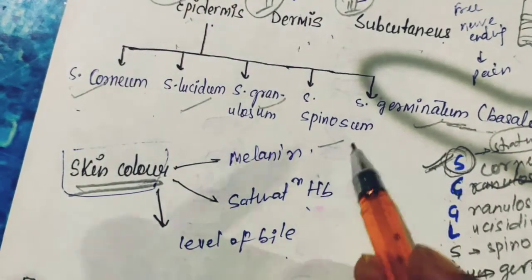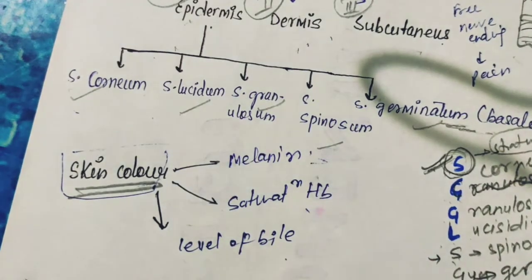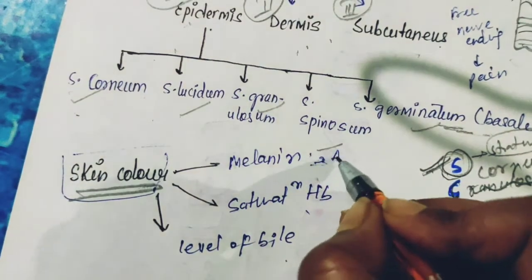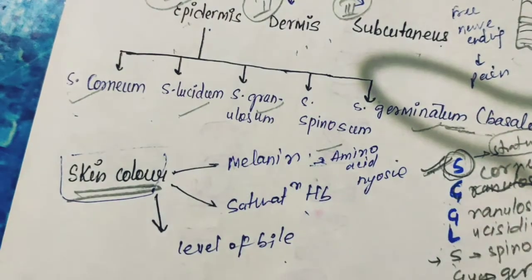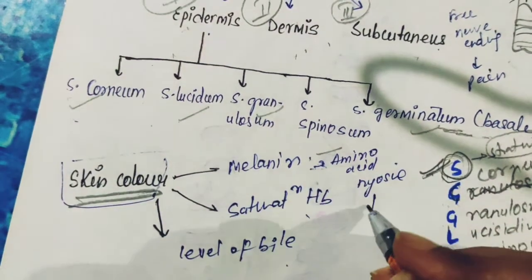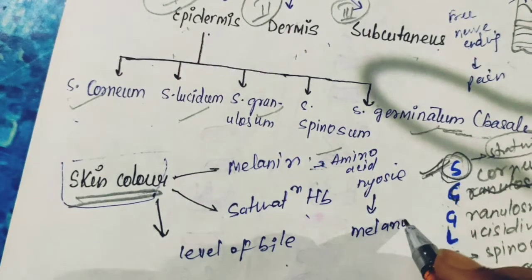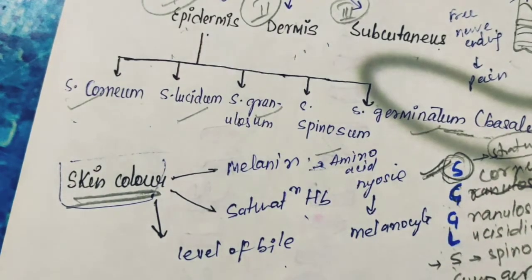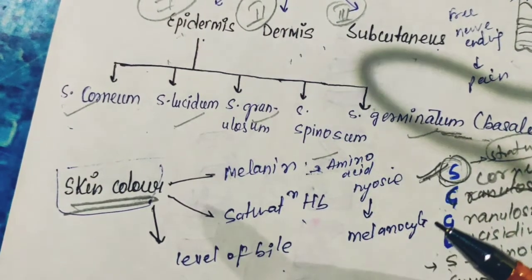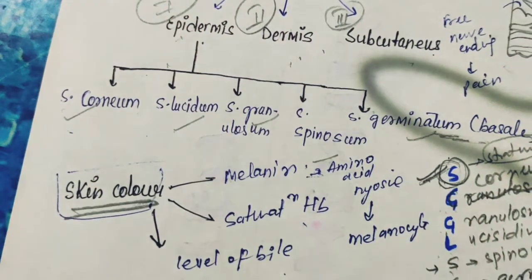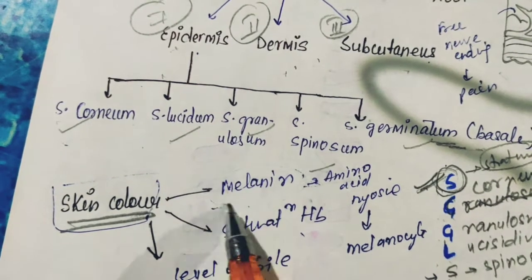First, melanin. As you know, melanin is a dark pigment derived from the amino acid tyrosine. It is secreted by melanocytes in the deep germinative layer, and it gets absorbed in the epithelial cells and shows the color of the skin.